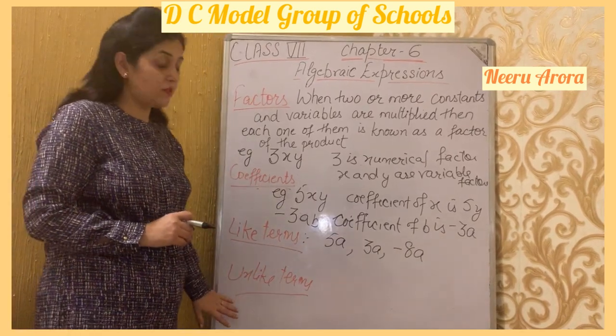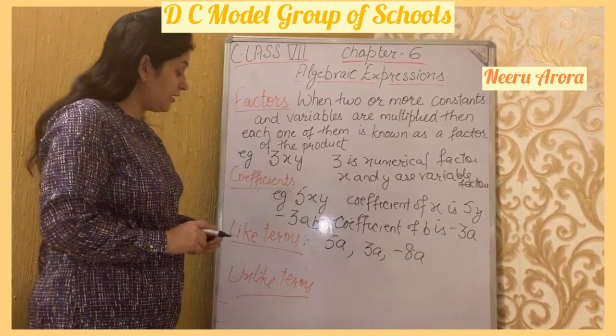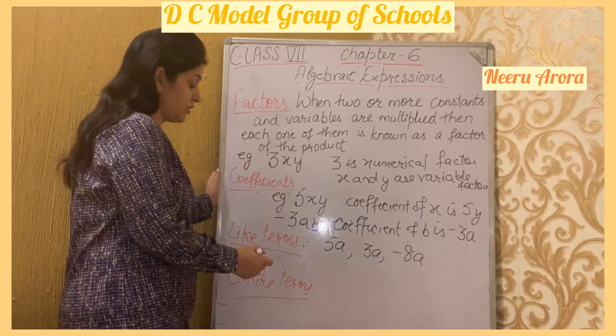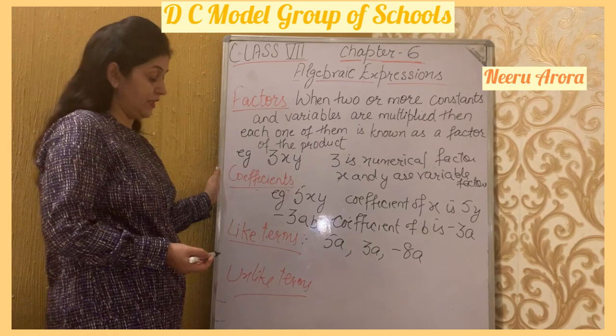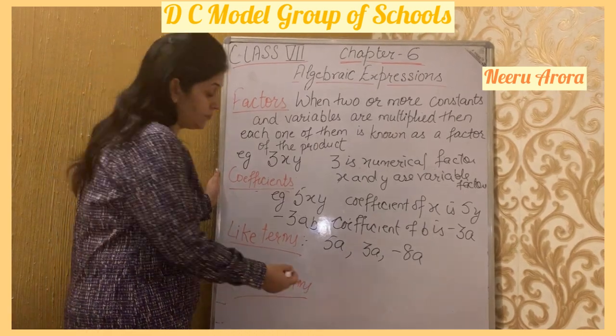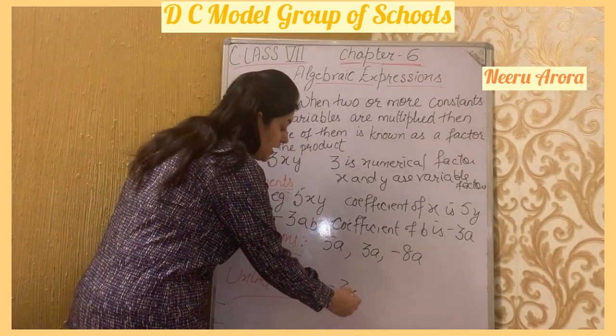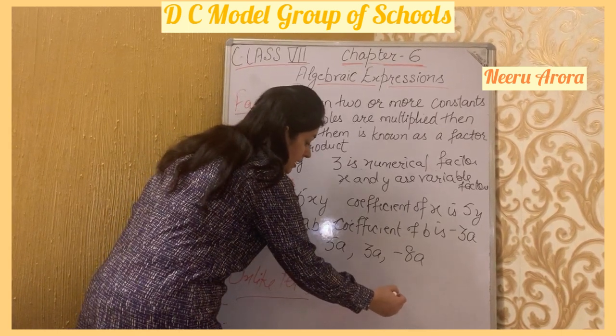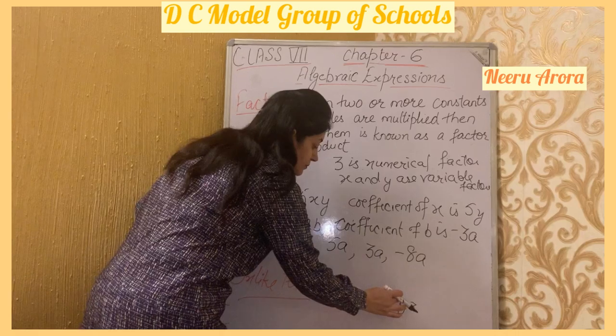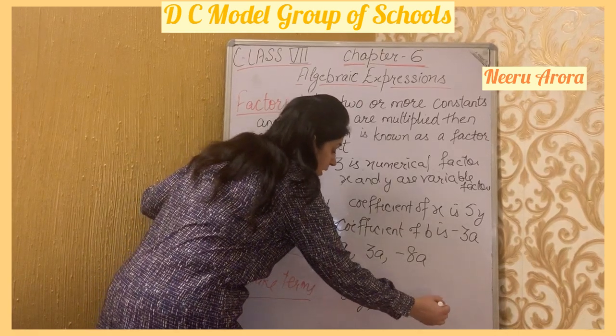So what are unlike terms? When terms in an algebraic expression do not have same literal factors or variable factors, they are known as unlike terms. Suppose minus 3xy, minus 3yz and minus 3ab.